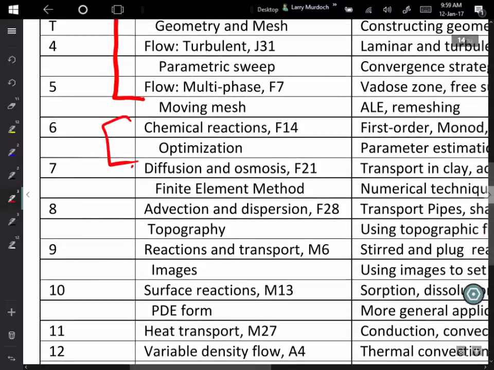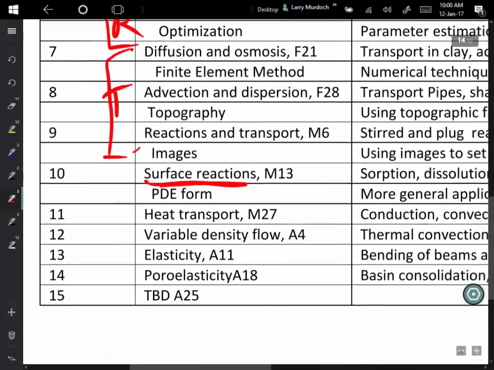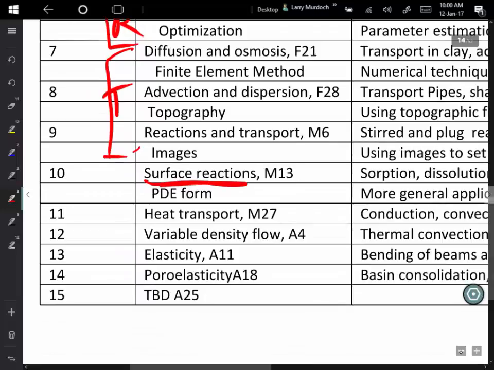And then once we get in here, here's a reaction, here's another reaction. This is transport, this is flow. And then here, this is also transport, heat transport. Some more complicated flow stuff, and then the deformation is at the end of the class.